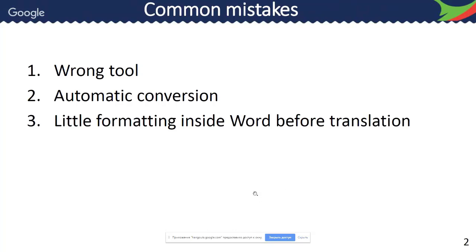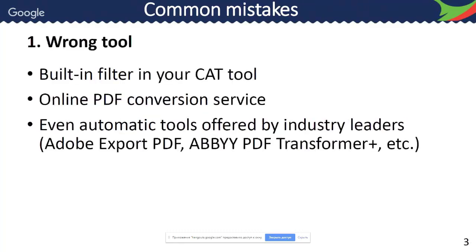And third, they do not perform adequate formatting of the resulting Word document before it is translated. And this causes more serious issues during translation inside a CAT tool or during formatting of the final document. So let us discuss these mistakes in detail.